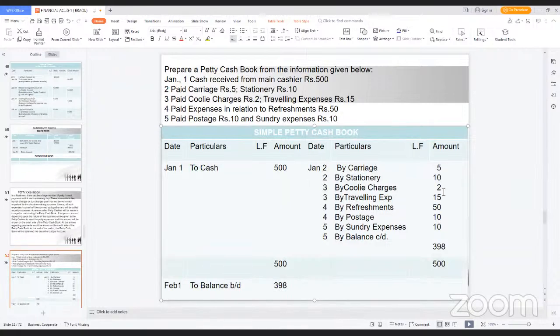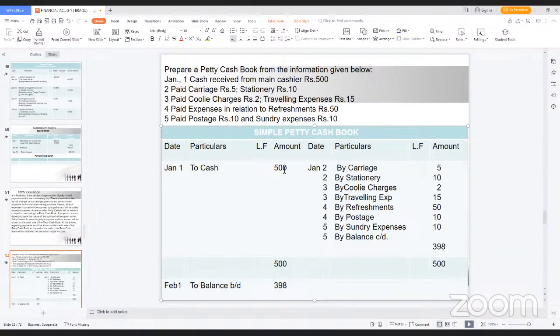These all are the amounts they have used: 10, 25, 30, 80, 90, 100, 102. How much amount in that month have they used? 102. That amount should be subtracted from the 500.